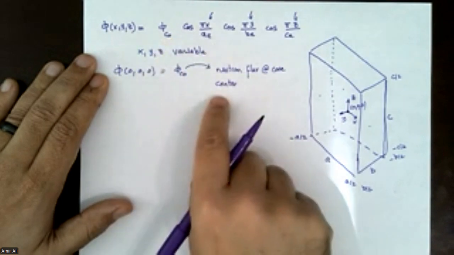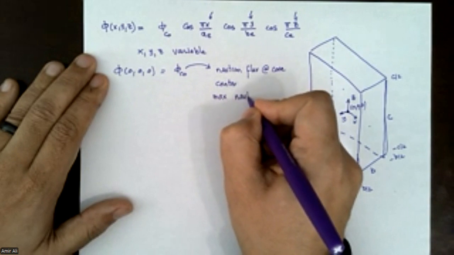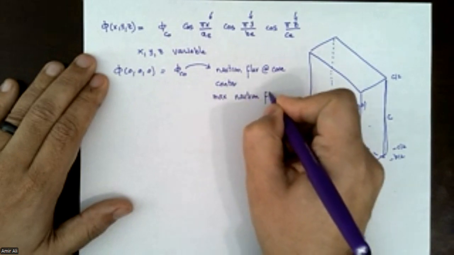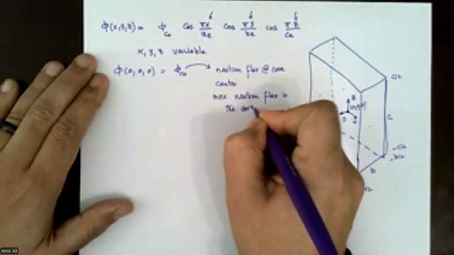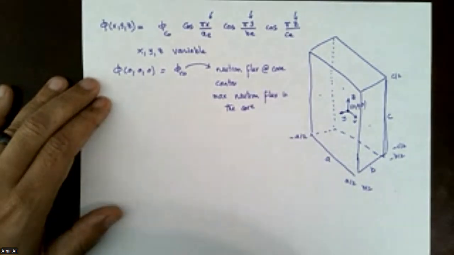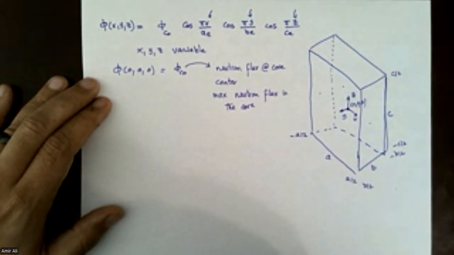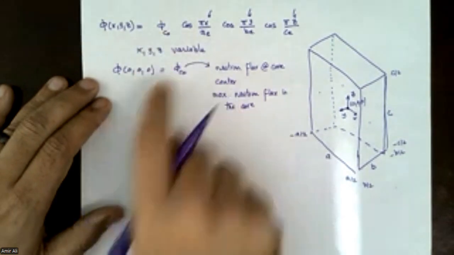That tells me that phi c naught is also the maximum neutron flux in the core. You can define phi c naught as the maximum neutron flux, or as the core center neutron flux; it's still okay, but mathematically it is the maximum neutron flux in the core. So that's the definition of phi c naught.